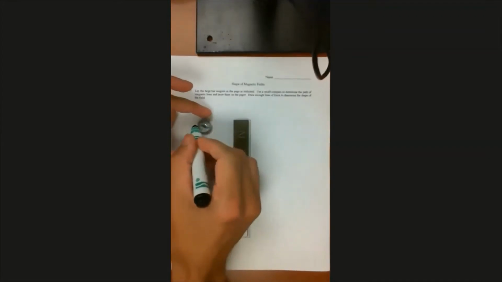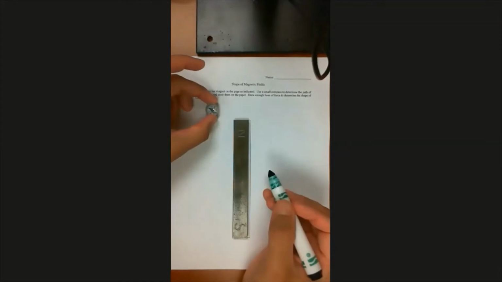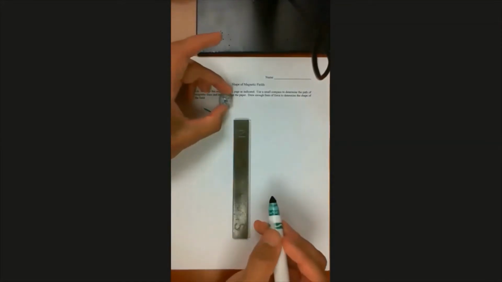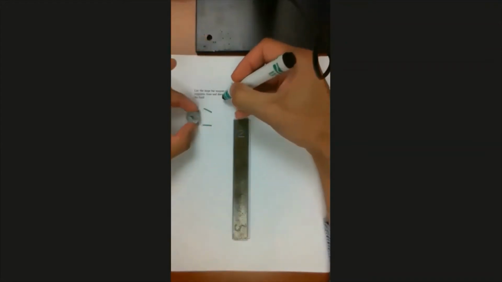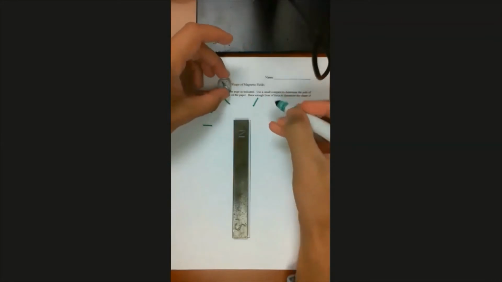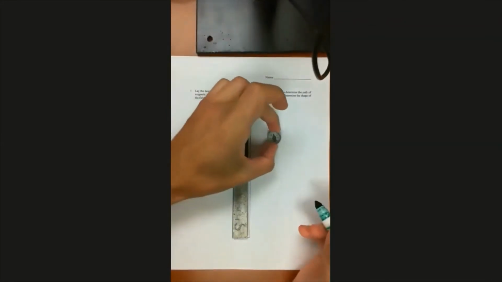So right here, it looks like the needle is pointing approximately that direction. And right here, it's pointing approximately that direction. And here, it's pointing approximately that direction. Here, it's pointing that direction.